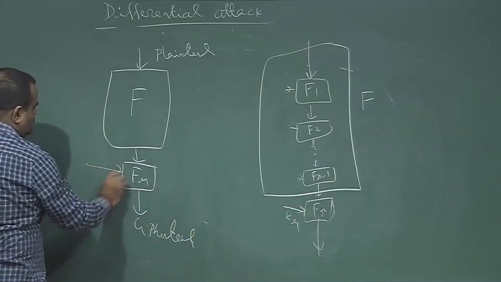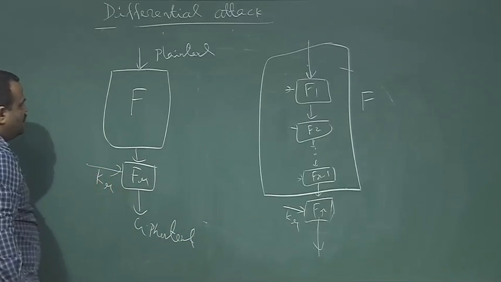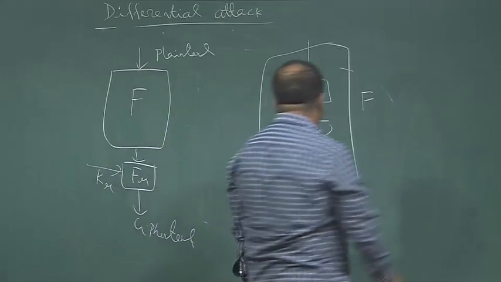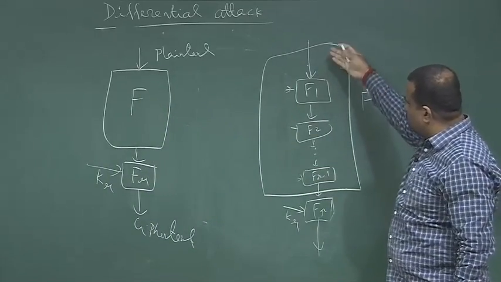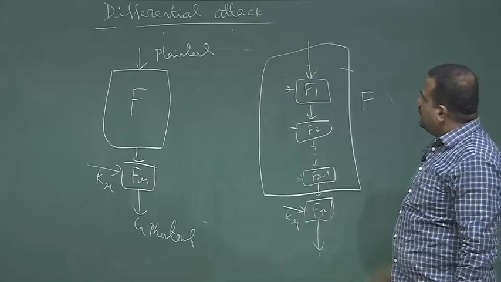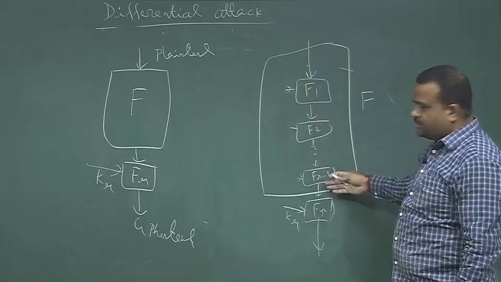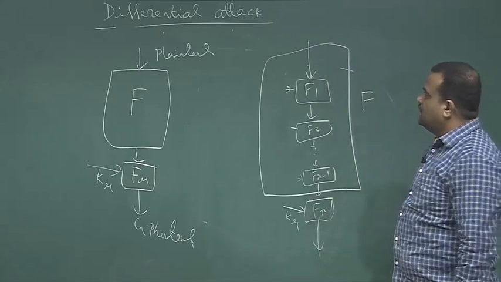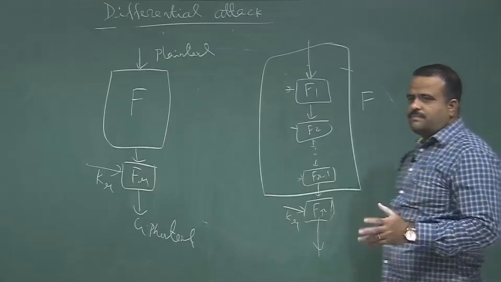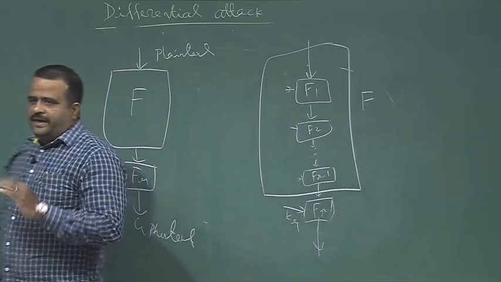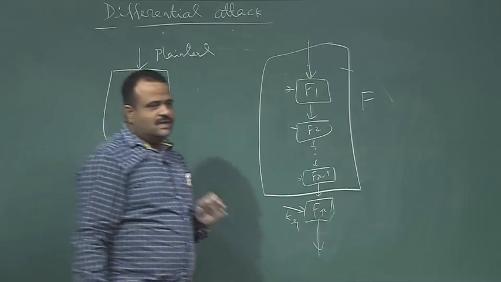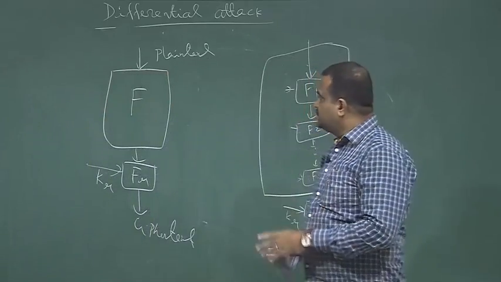This part up to round r minus 1 we call the F function. So, basically F consists of F1, F2 up to Fr minus 1. Now, we want to see whether some differential trial exists in this F function or not.